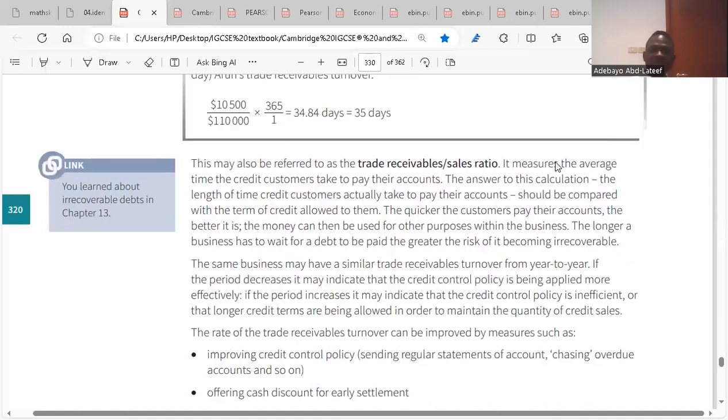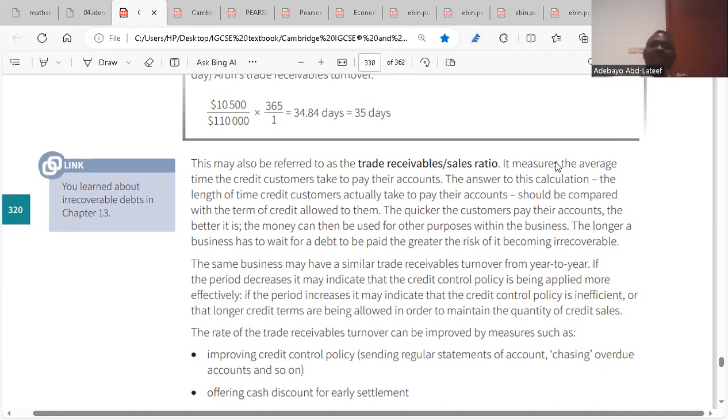Trade receivable is an asset to the business. Yes, you sell on credit, but you didn't receive the whole amount of the money. That's why they said if there is a high rate of return on trade receivable, it is good for the business, because it means credit customers are paying as at when due.